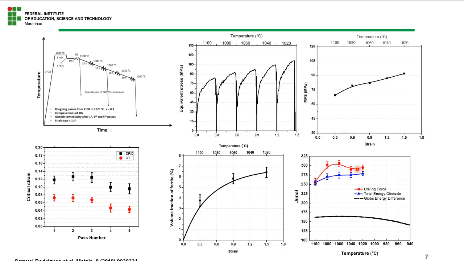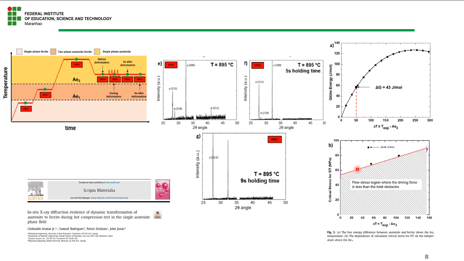Okay, going on, all of our volume fraction calculation was by an indirect methodology, where we quenched the sample and prepared it for metallography techniques to calculate, using software, the volume fraction of ferrite and martensite, which is the previous austenite that has been transformed from the quenching process.